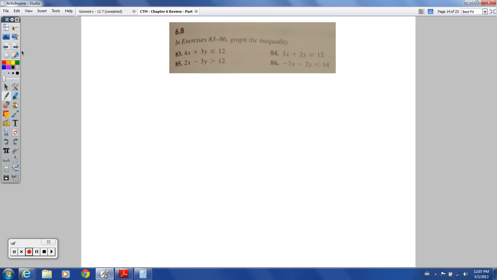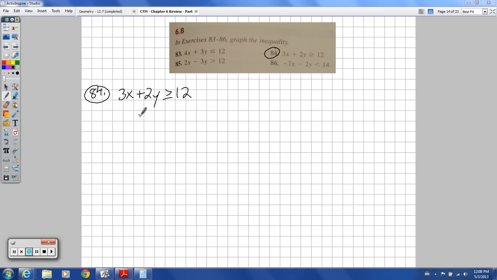Moving on now, I didn't insert any extra ones in here, so number 84 is our next one. Graph the inequality: 3x plus 2y greater than or equal to 12. It looks like we should be getting a grid here, so I'll put that up. There we go.